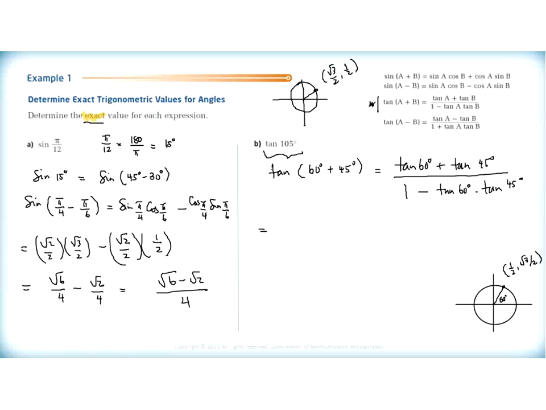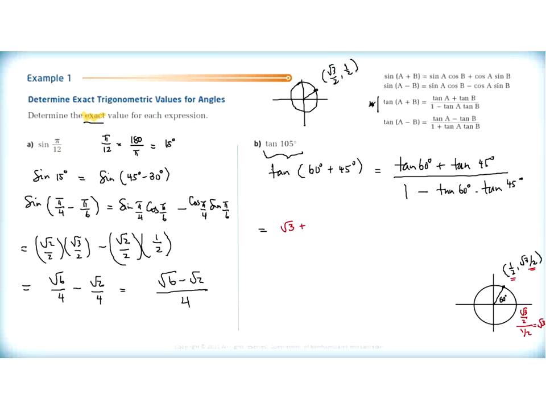The tangent of 60 is equal to the sine of 60 over the cosine of 60. You want to think about that as root 3 over 2 divided by 1/2. The 2's will cancel, and I'm simply left with root 3. So the tan of 60 is root 3.